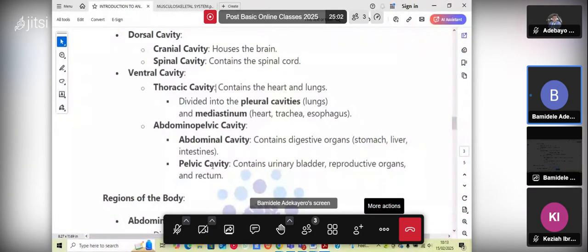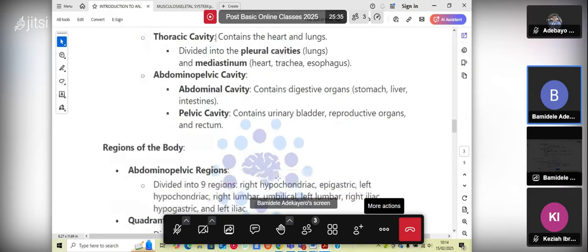And then the pelvic cavity, like I said, contains the reproductive organs, mostly in men, the urethra and prostate, and in women, the uterus is a very major example of a pelvic organ. However, during pregnancy, it comes up to the abdominal cavity. In the pelvic cavity, you have the urinary bladder, reproductive organs, both men and women, and the rectum. So as far down as the rectum is, it is still in the pelvic cavity.